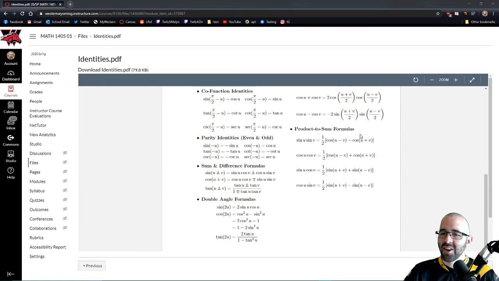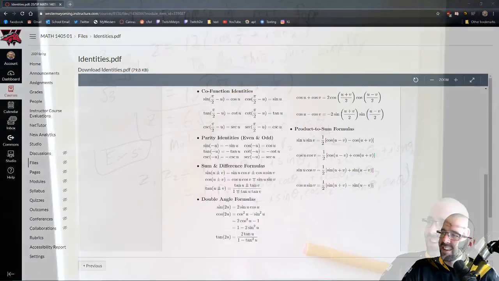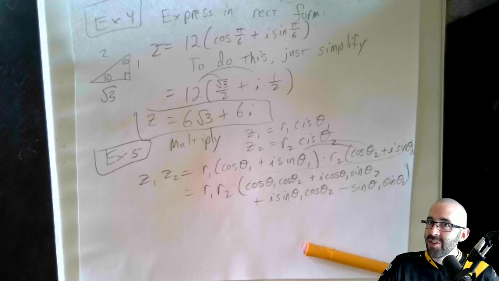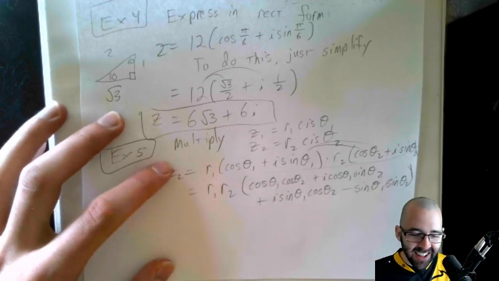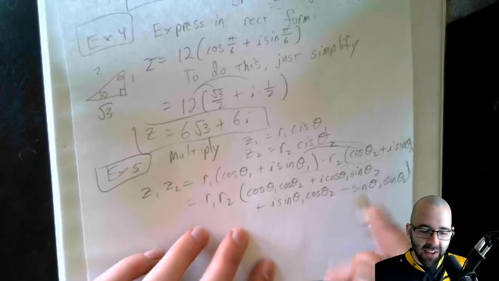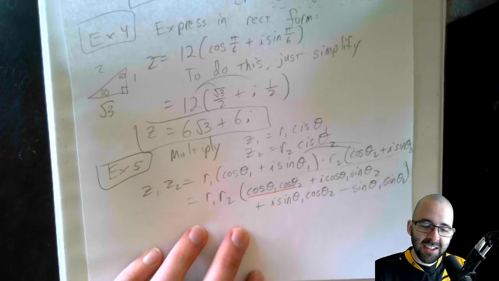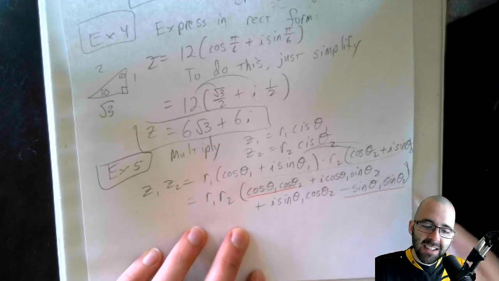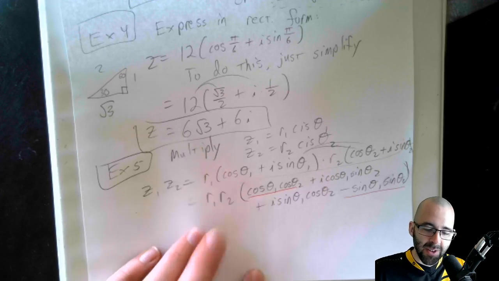There were these things that we called the sum and difference formulas. Sine of one angle plus another angle is sine u cosine v plus cosine u sine v. Cosine of the sum is cosine cosine minus sine sine. That's exactly what we have here. Look at the red: cosine theta 1 cosine theta 2 minus sine theta 1 sine theta 2.